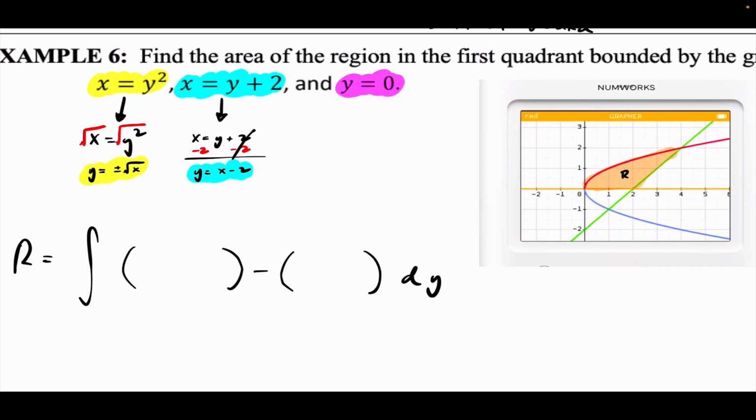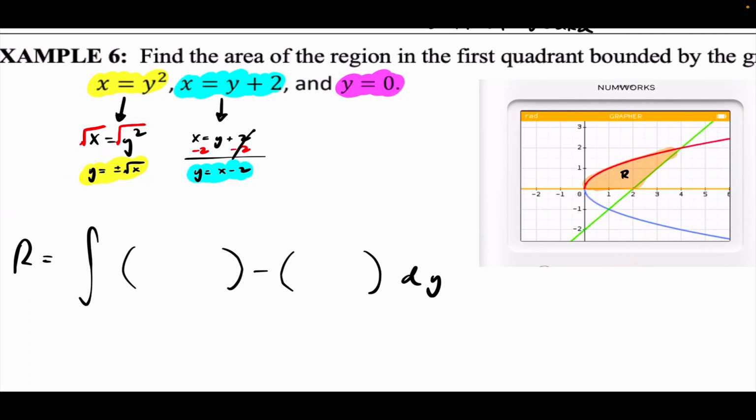So anything we put into our equation has to be with respect to y, not x. The ones we put in my calculator were in terms of x. Anything that says y equals is in terms of x. Anything that says x equals is in terms of y.